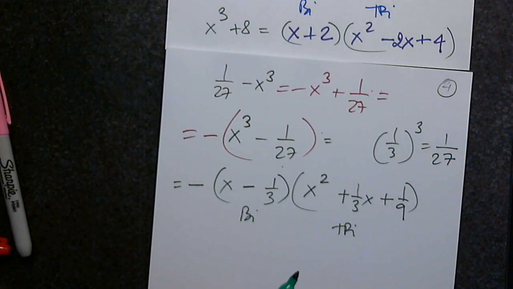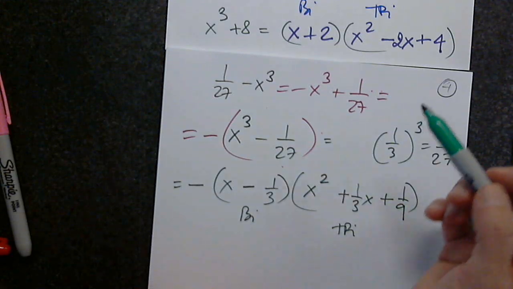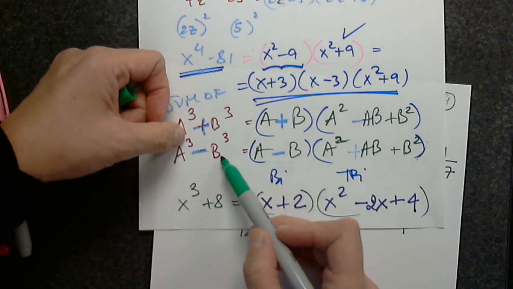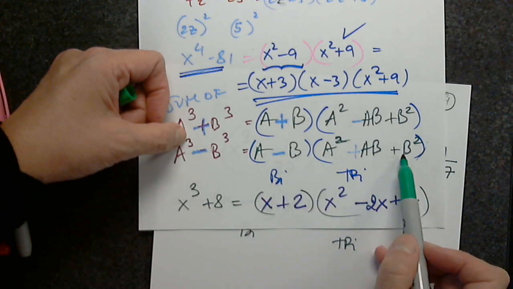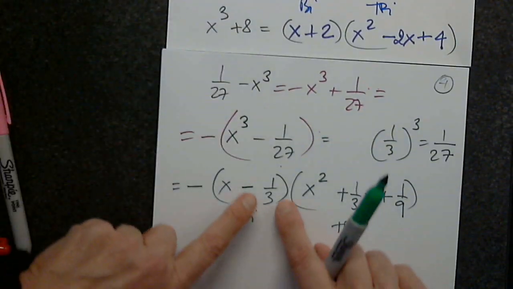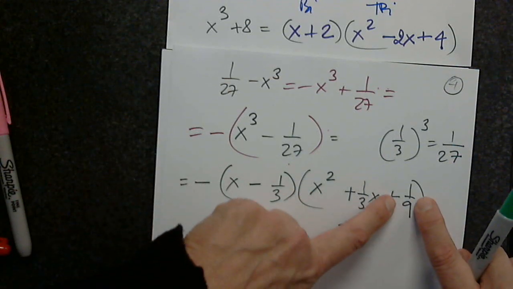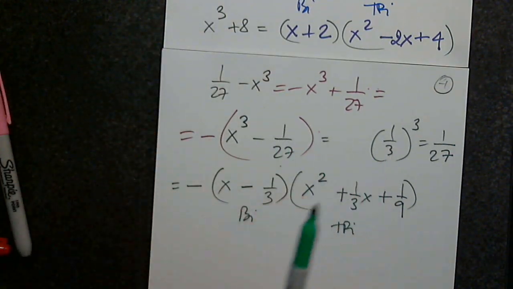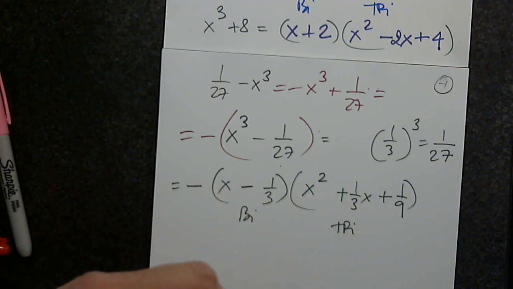What's the 1/9 in the trinomial? Because I have to square the second term. If this is 1/3, squared is 1/9. So x squared is x squared, 1/3 squared is 1/9, and the product is in the middle. Is that better?